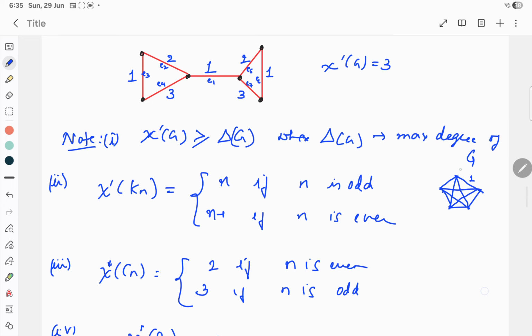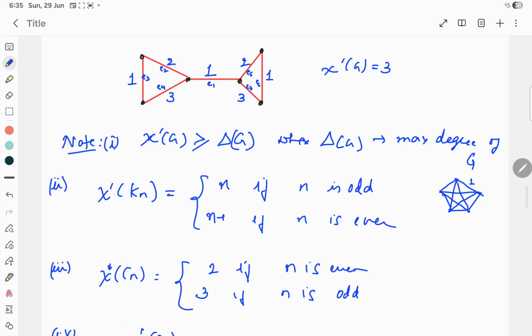If I use the first color for this, I cannot use the same color for the incident edges which are incident to this vertex because they will be adjacent edges. So it should be 2, 3, 4, right? And this edge 1 is also adjacent to this vertex.